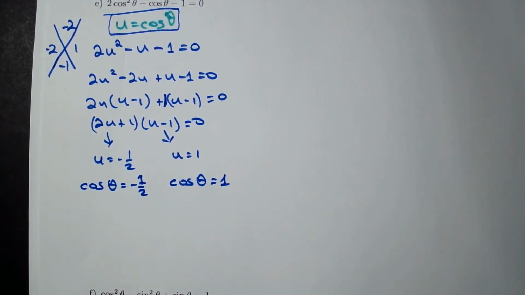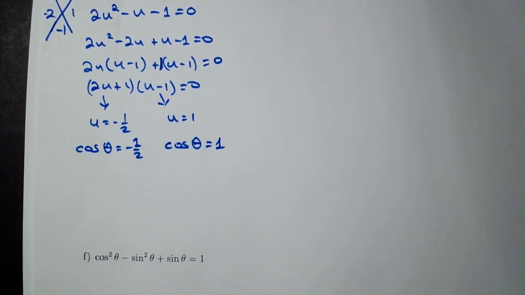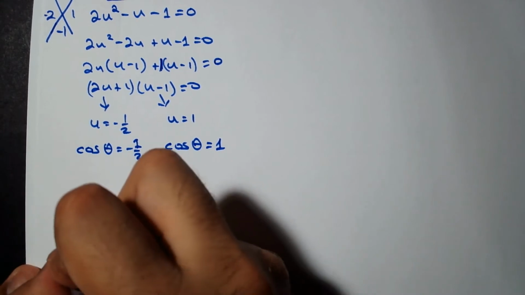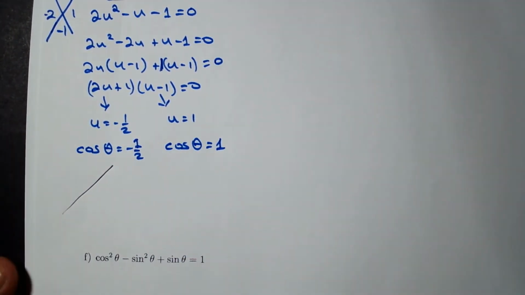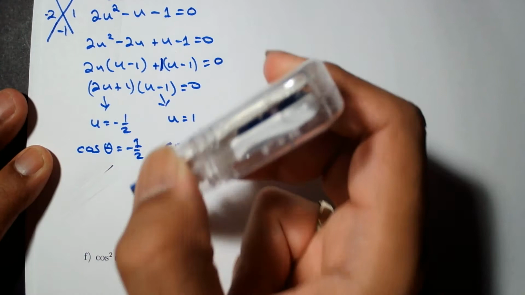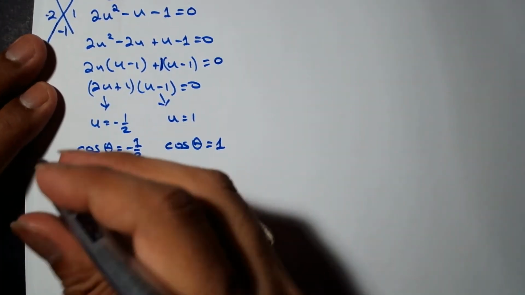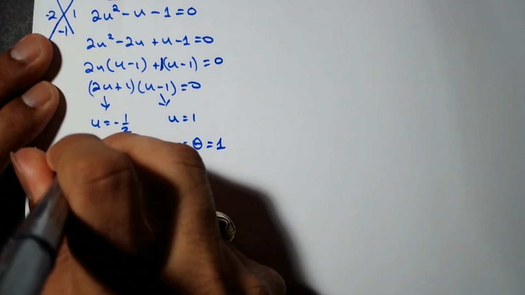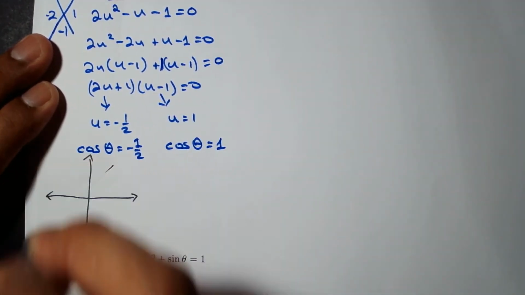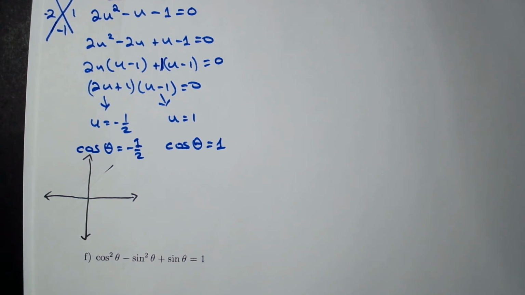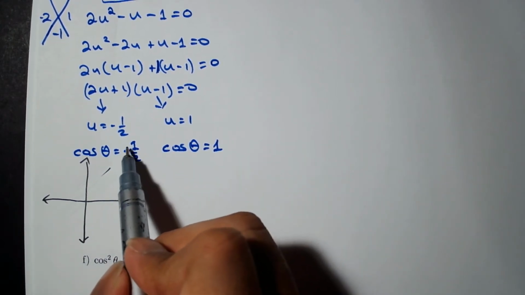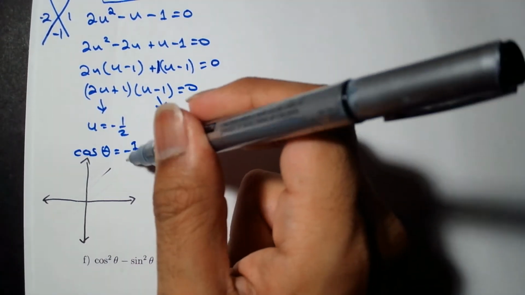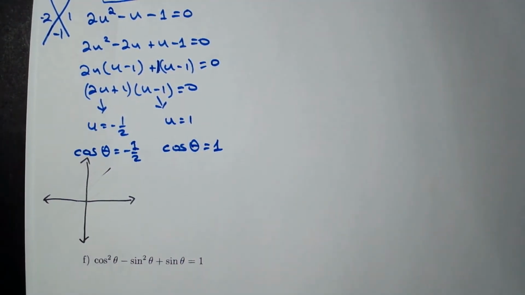Now in this case, we are going to need to draw two Cartesian planes. Oh, actually, this one's not what I was going to do. On the one hand, I'm looking for the angles whose cosine is negative 1/2, that is, the x-coordinate is negative 1/2.